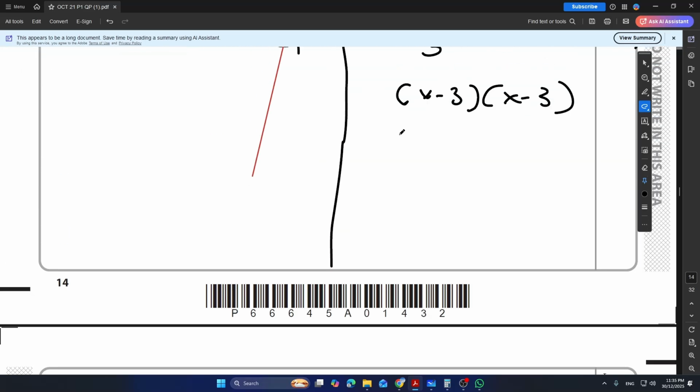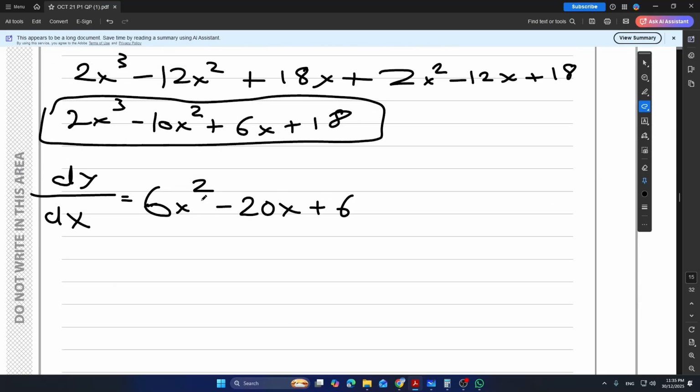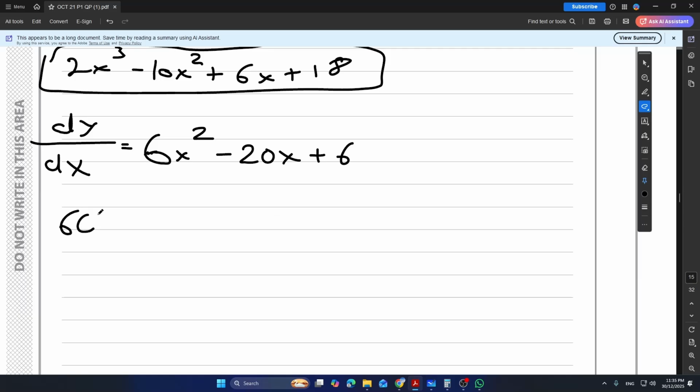Now to find the gradient of the tangent, I'm only going to substitute x with 1 over 3. So 6 times 1 over 3 squared minus 20 times 1 over 3 plus 6 is going to give us the gradient of the tangent. This is going to be exactly 0.